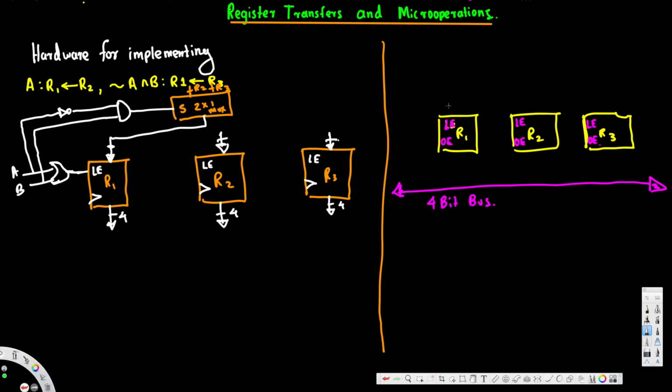Now this one is connected right here. Load enabled, output enabled, and this is R1, R2, R3, and here we have an OR gate connected to the load enabled.